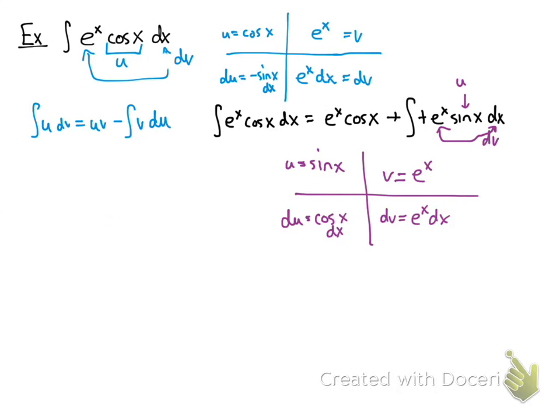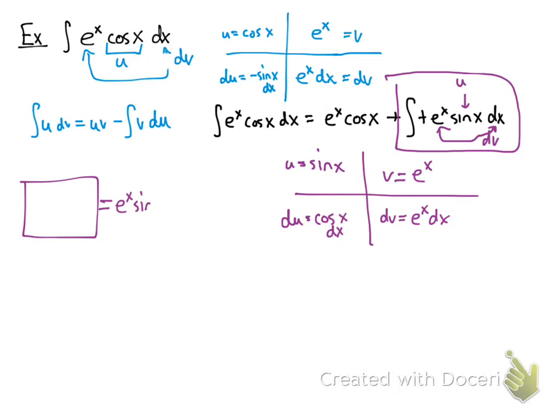Now that second integral, the one in the box there, using the integration by parts formula, I can get that that thing is equal to the new u, the new v, minus the integral of the new v, the new du, right? uv minus the integral of v du, but the purple stuff, not the blue stuff.